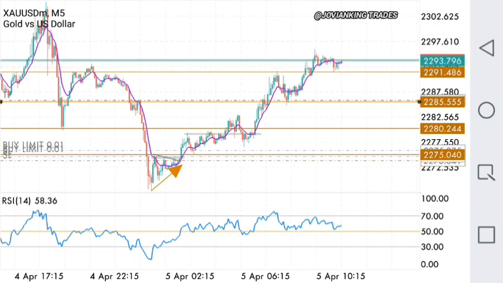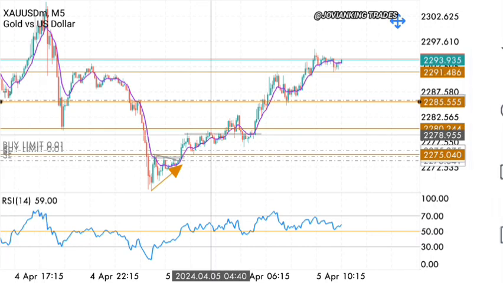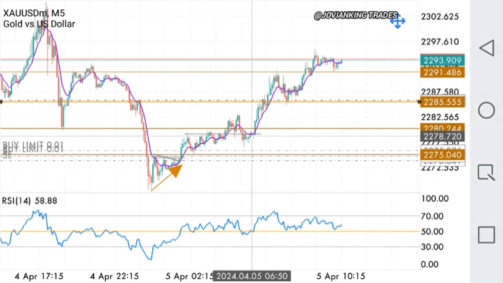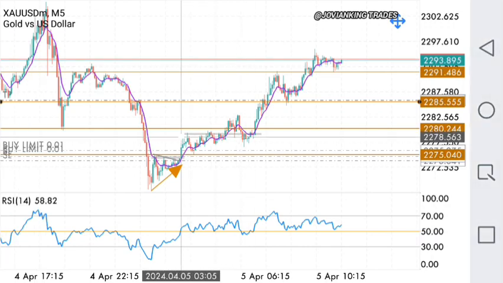So 170 pips and you're in two positions already means that you are making $32, which is 320% of your $10 account, or more than 600% on a $5 account, which is a huge profit. And this trade started for anybody that took this trade around 4:05 a.m. or 3:05 a.m. UTC plus one and UTC respectively.